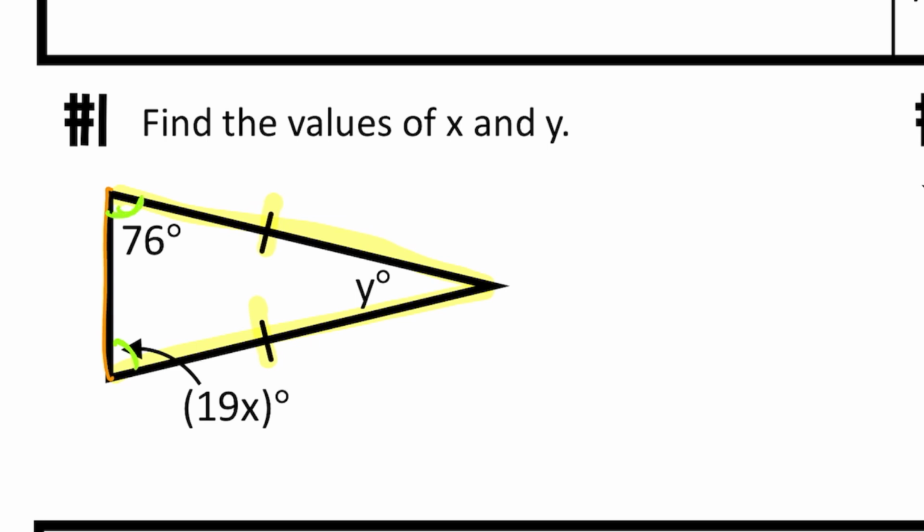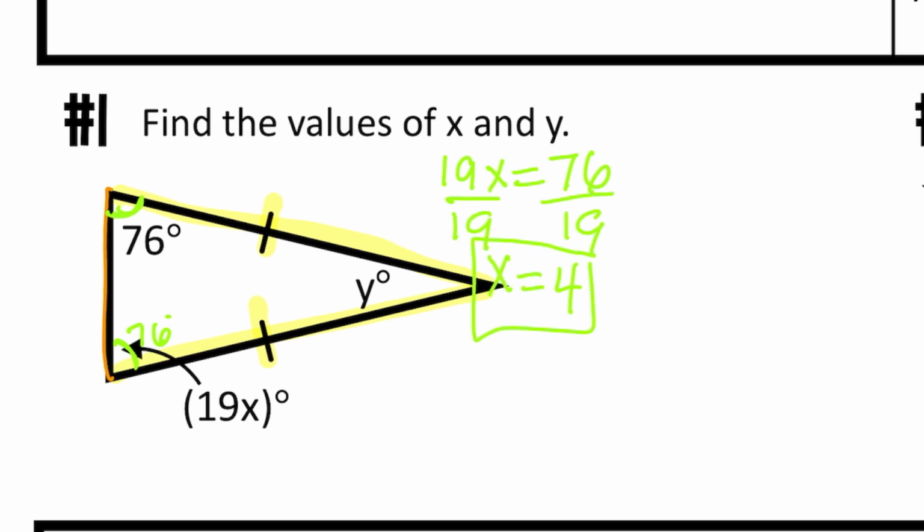And because they're congruent, that means that if this angle is 76, then this angle is 76. So because I know that this angle is also 19x, I can go ahead and say that 19x equals 76, which means all I have to do to solve that is to divide both sides by 19.